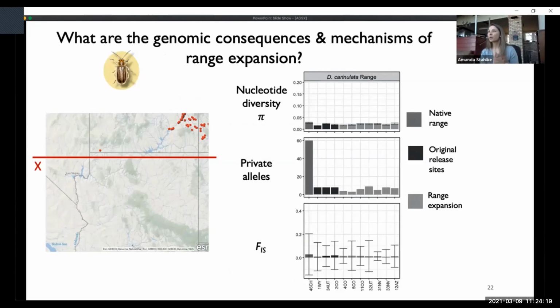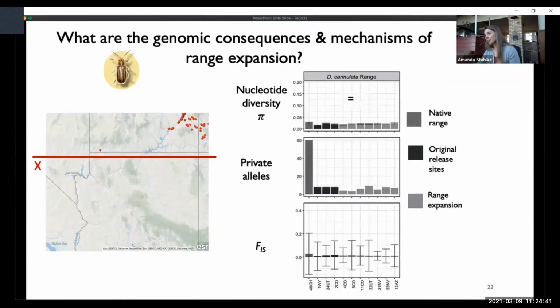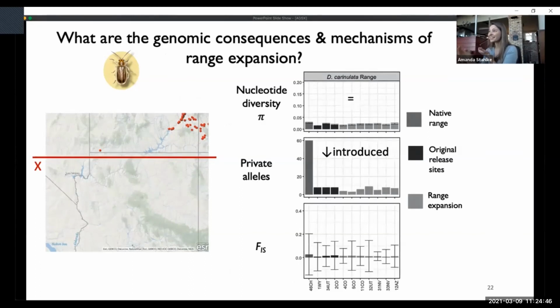What about Carinulata? What are the genomic mechanisms and consequences of range expansion over there? Again, looking at diversity, private alleles, and FIS, it's pretty impressive to see how low the genetic diversity is across the native range and all of these original release sites and expansion front sites, despite definitely a signal of population bottlenecking comparing these introduced range sites to the native range.